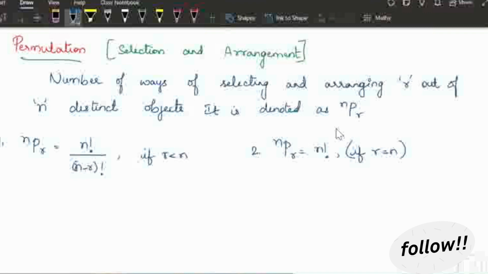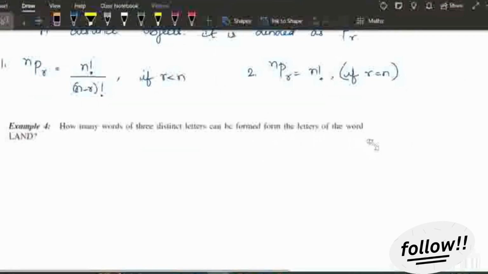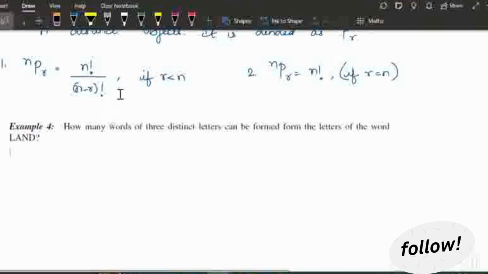Now we'll solve some questions. How many words of three distinct letters can be formed from the letters of the word LAND? They have given a word, LAND, and we are supposed to find the number of words that can be formed using these letters, and the word should have three distinct letters, meaning three-letter words.